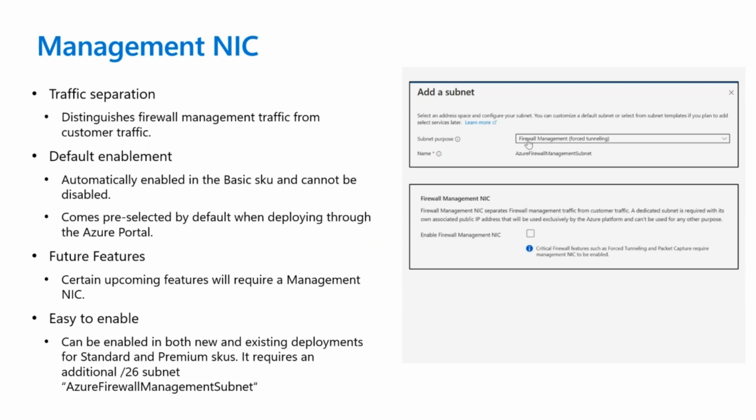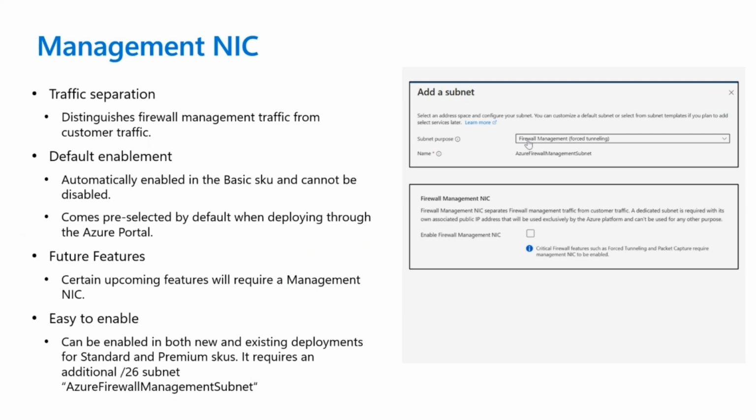So that's one thing to take into consideration when you are creating a firewall with the management NIC. And I think the most important thing about this feature is that it has traffic separation, right? Microsoft needs to control the updates of the Azure Firewall. So when you have the management NIC enabled, it doesn't use only one interface for traffic and management.